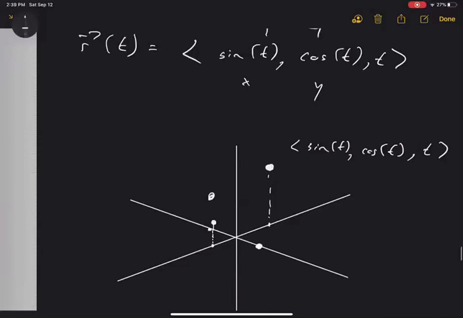So I'm still in the xy plane, still making these circles, but my z coordinate is increasing. So what I end up with is a spiral.